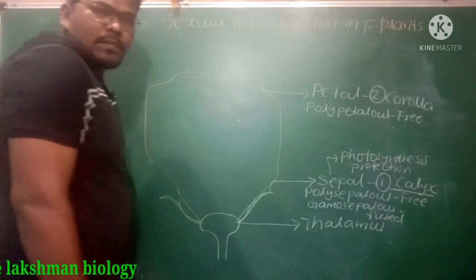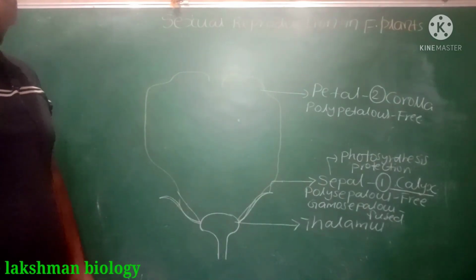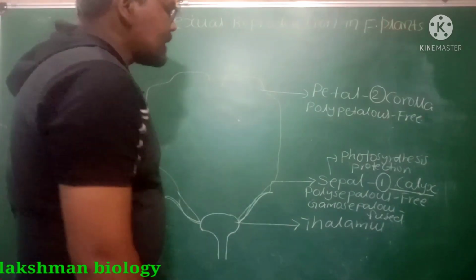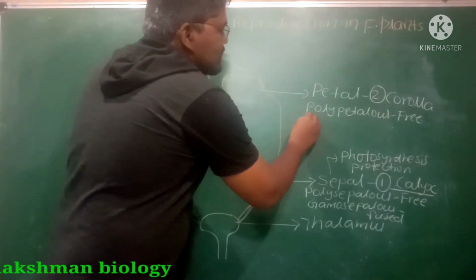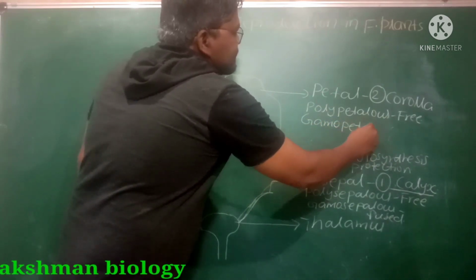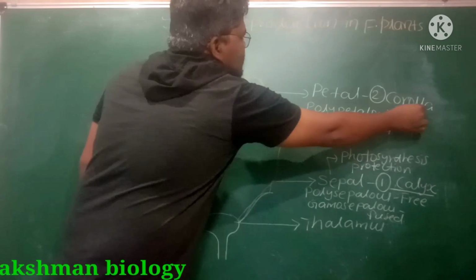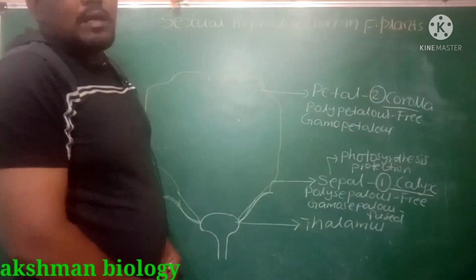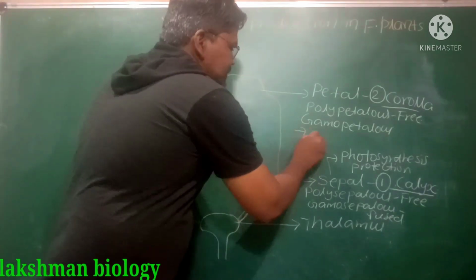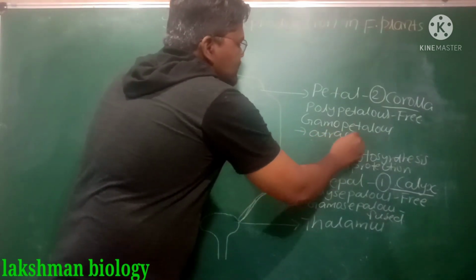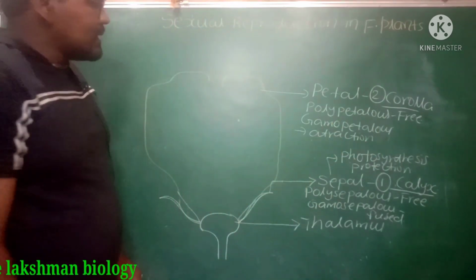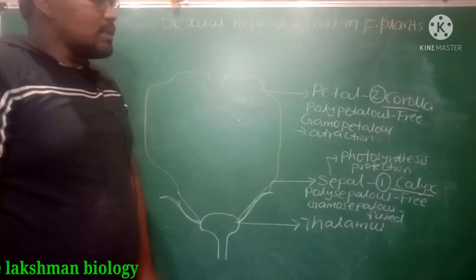Then if the flower contains more petals, they may be fused together. When petals are fused together, that condition is called gamopetalous. That is about the corolla. The function of corolla is attraction. The corolla attracts insects for pollination.